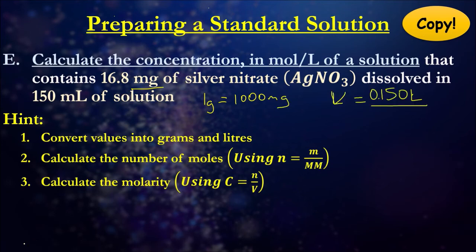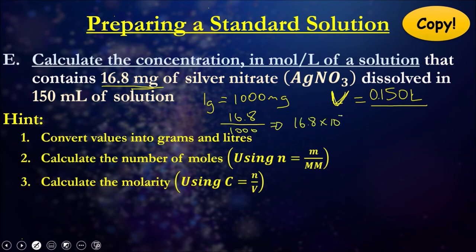So just to finish off this calculation, the volume is 0.150 liters. The mass is 16.8 over 1000. You can also write that as 16.8 times 10 to the minus 3, because it's milligrams, and that's the grams you need.